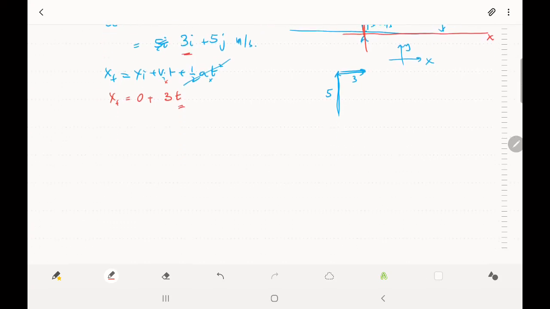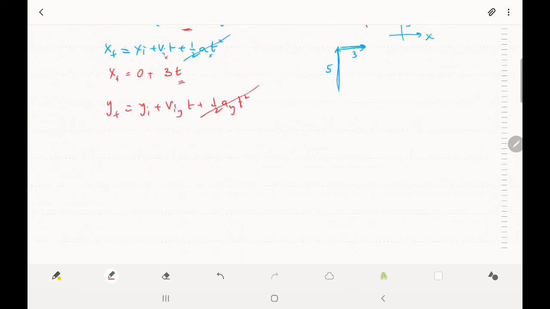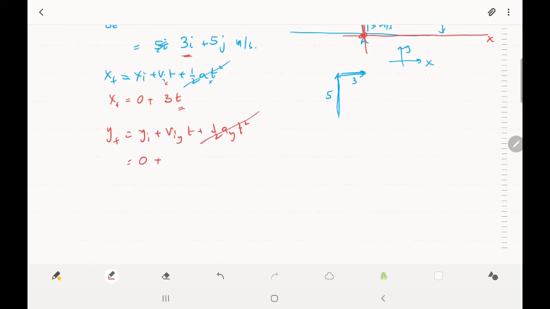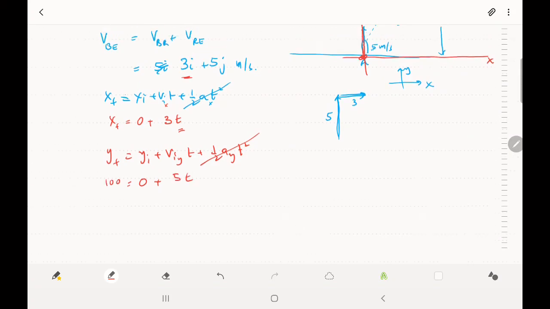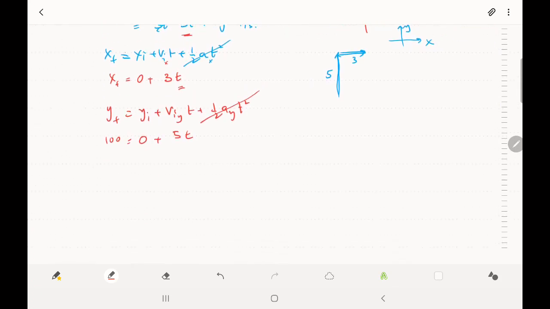So for that we use the y equation. There's no acceleration, and y initial is 0, and viy is going to be 5j, and t, and this is 100. That's the width of the river, and therefore t is going to be 20 seconds.